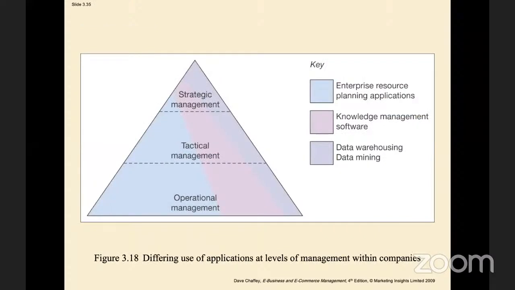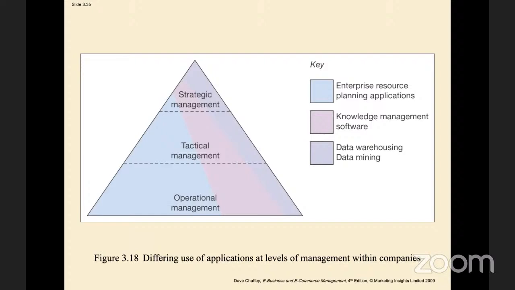Now this is figure 3.18, differing use of applications at levels of management within companies. So how are we using different types of applications at different management levels in the companies?